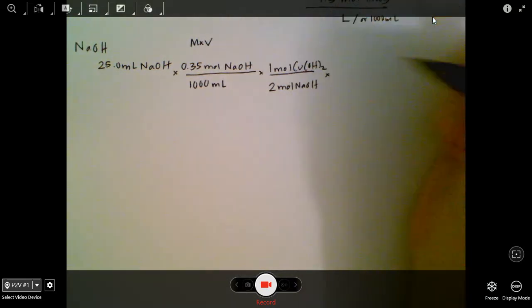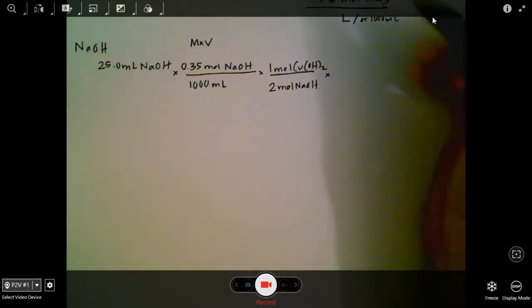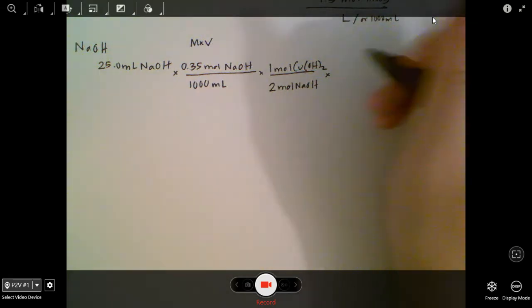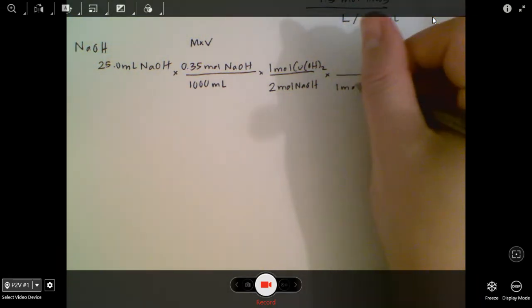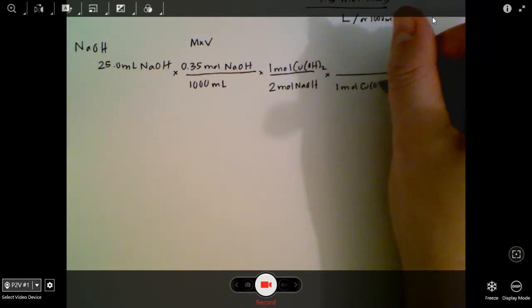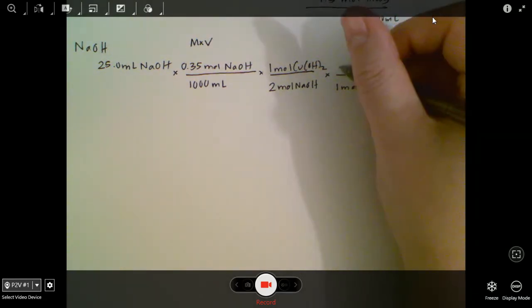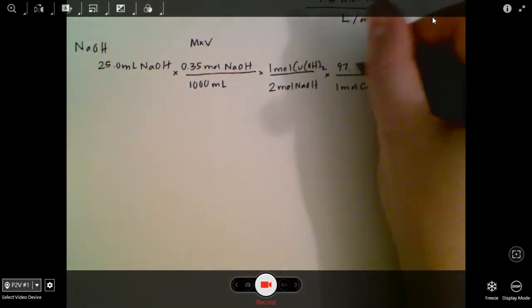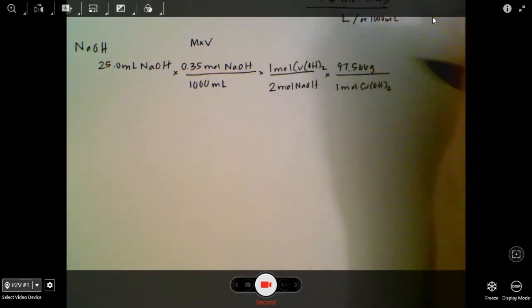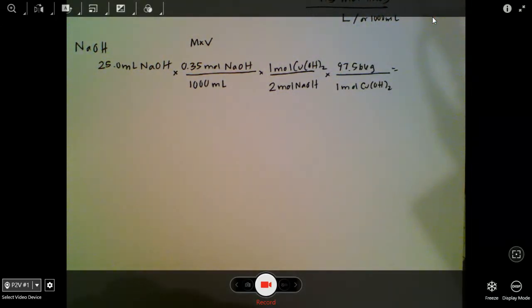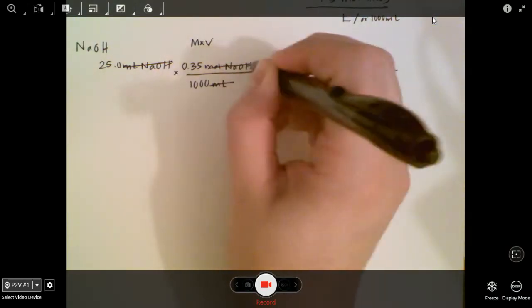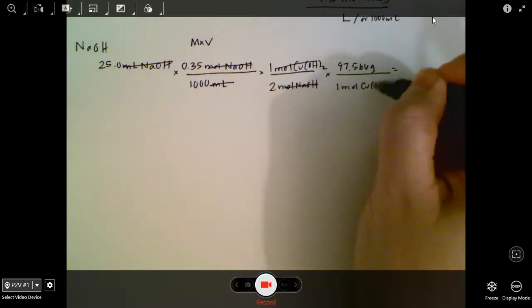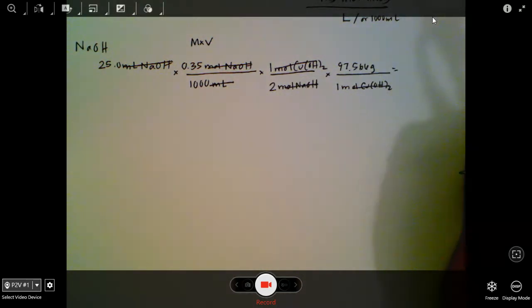Okay, and then we're going to solve for what it's asking for, and it's asking for grams of this copper 2 hydroxide. So I've got to figure out the molar mass of that. And 1 mole of copper 2 hydroxide weighs 97.566 grams. So when I go through and do my stoichiometry and take care of the dimensional analysis, check my units, everything cancels out and I'm left with grams of the copper hydroxide here.